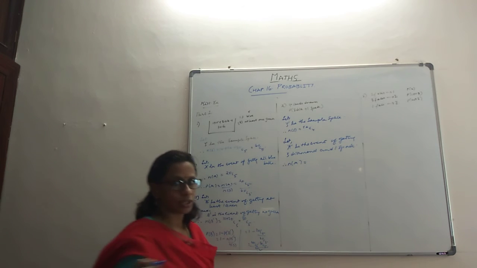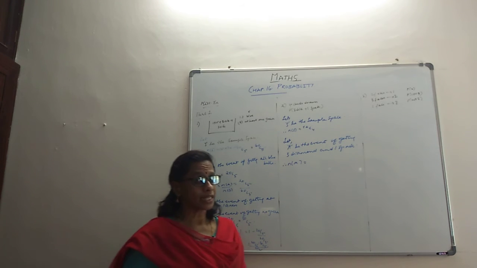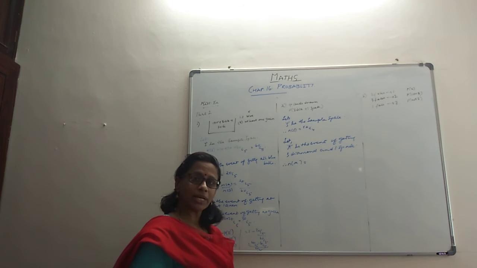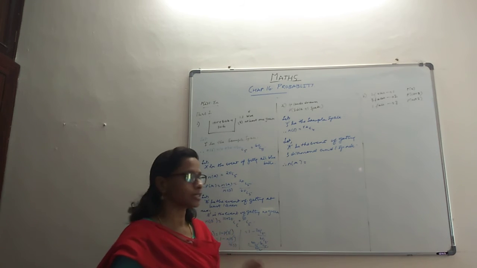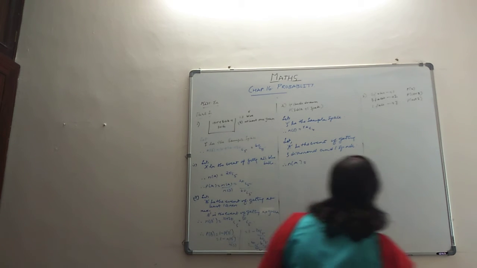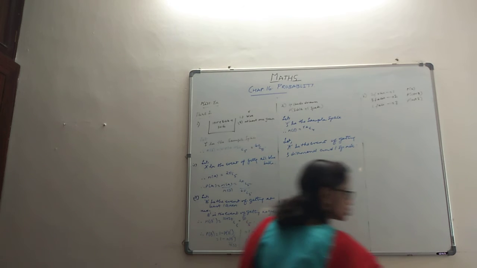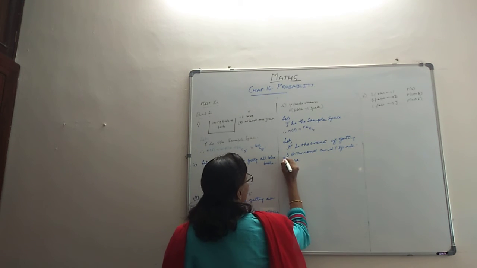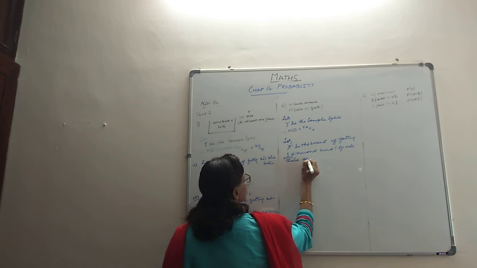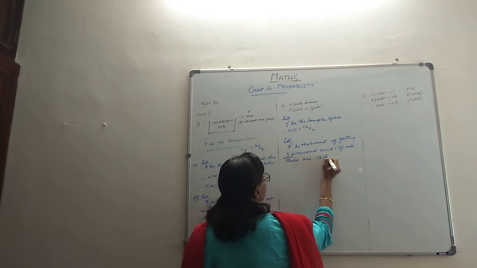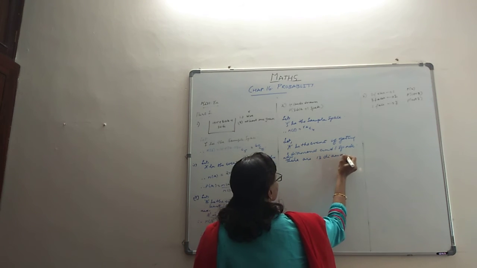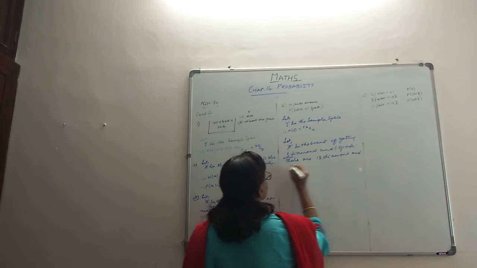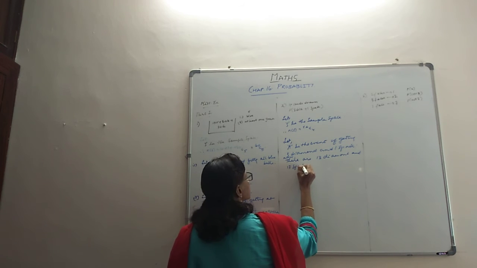So n of A: in how many ways can you do it? Now, how many diamond cards are there? 13 diamond cards. How many spade cards are there? 13 spade cards. So that gives us a choice. There are 13 diamond and 13 spade cards.